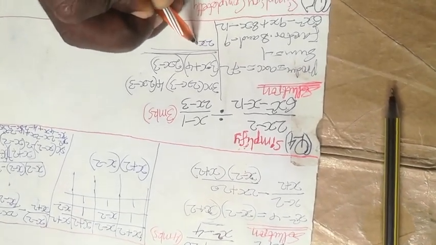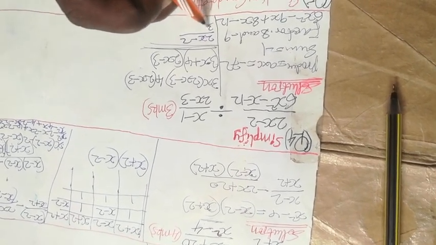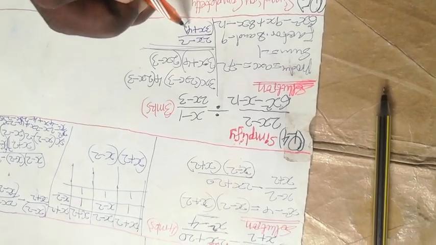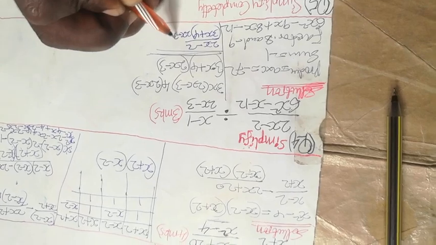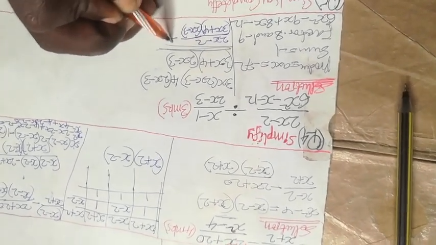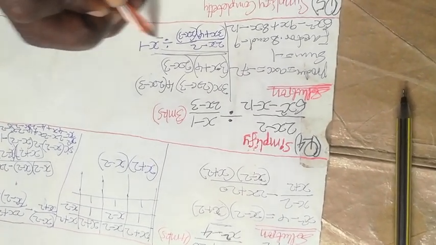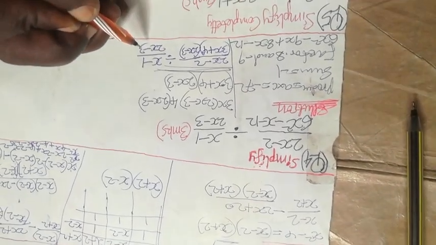2x minus 2 all over 3x plus 4 into brackets 2x minus 3. This will be divided by x minus 1 all over 2x minus 3.